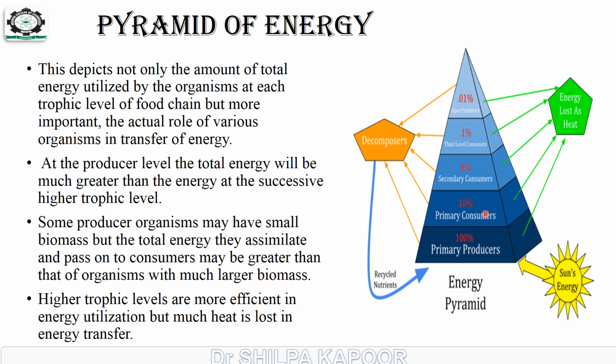The primary consumers receive 10% of energy. The secondary consumers receive 1% of energy. The third level receives 0.1% of energy, and the apex receives 0.1% energy. From each successive level, the energy is lost in the form of heat.